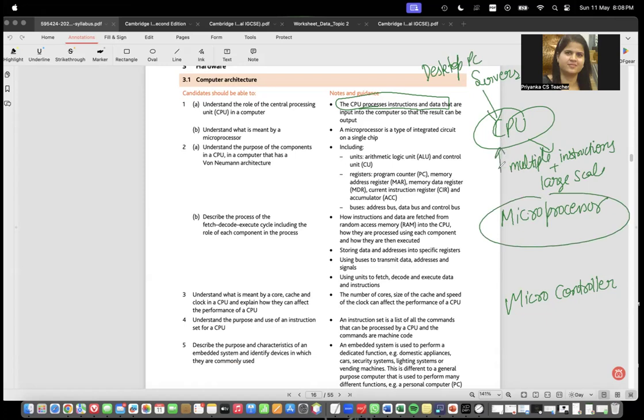Sometimes we use the terms CPU and microprocessor interchangeably. Sometimes microprocessor is also known as CPU, but a microprocessor is used to perform some limited tasks.